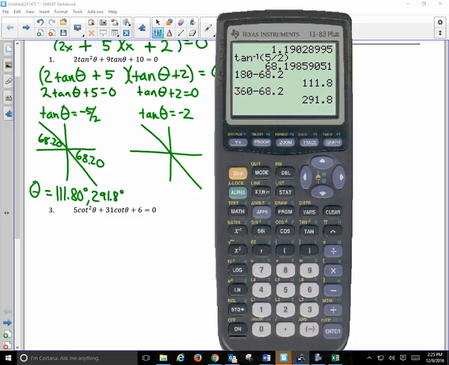Now I have to do the tangent inverse of 2, because I got to solve that piece. Tangent inverse of 2, 63.43.